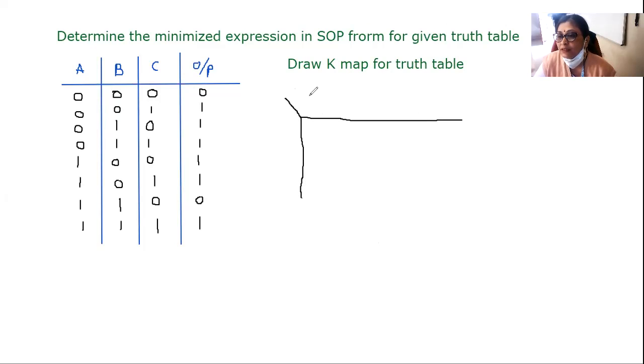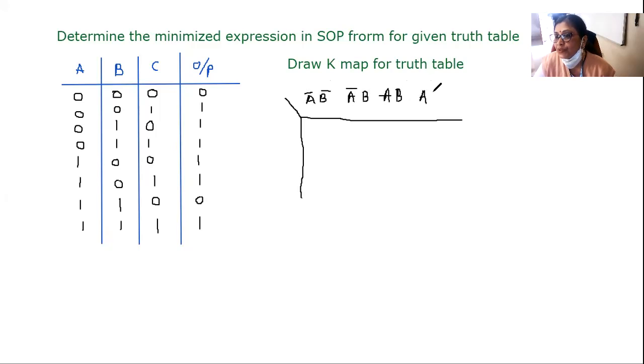So let us write variables here. A bar, B bar, A bar, B, AB, and AB bar.